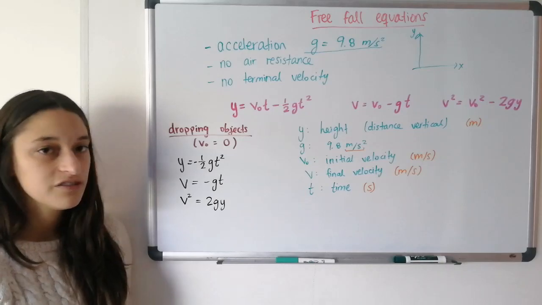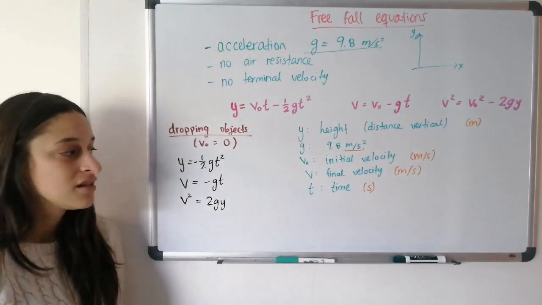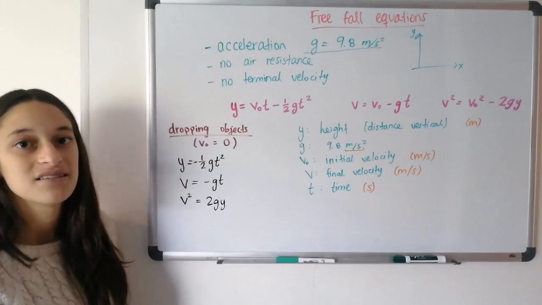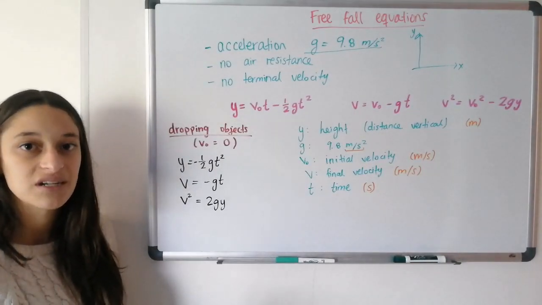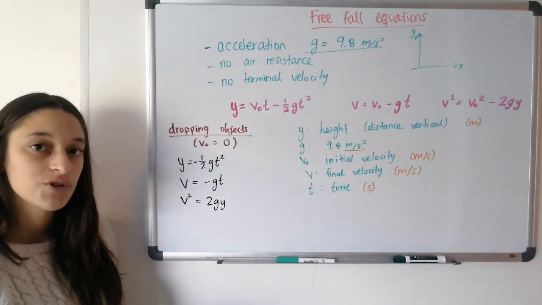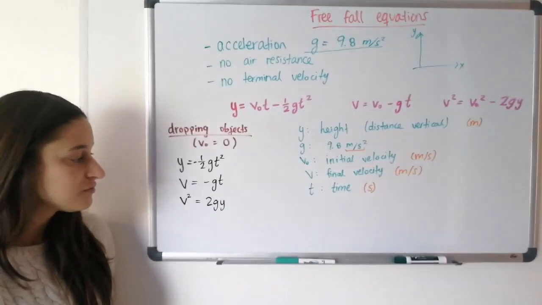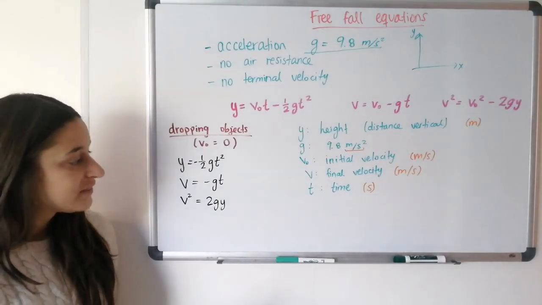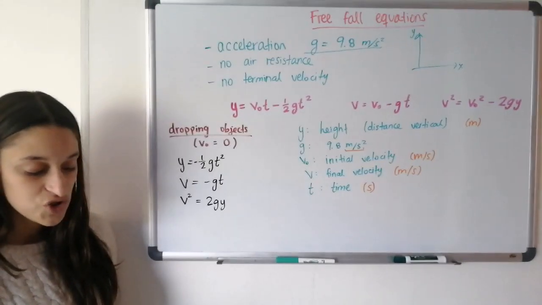So for example, I could give you time and ask you for a height. So you have to look for one of the three equations that has time and height. So you're always going to use just one equation at a time. And you have to look and choose depending on what I give you and what I'm asking you for. So we'll do an example in a second. Those are the three equations for dropping objects.